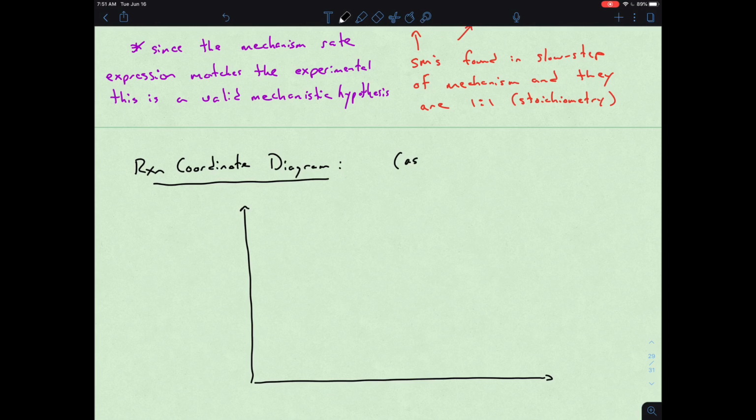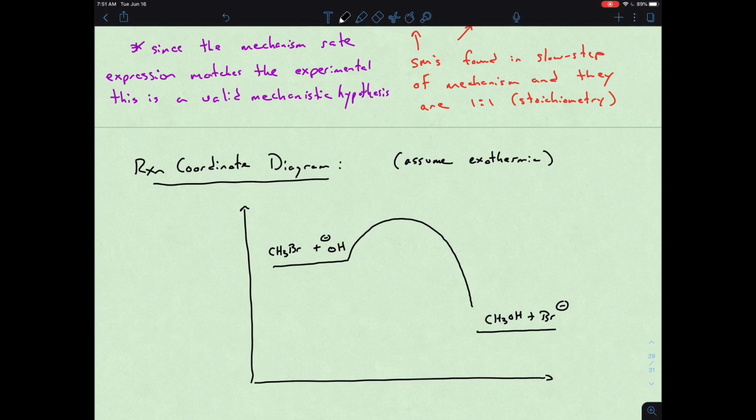We're going to assume it's exothermic, just for our drawing. And so we would have our CH3Br, we would have our hydroxide, we would then have our products, the methanol and the bromide, and we would just have one hump going down to our products.